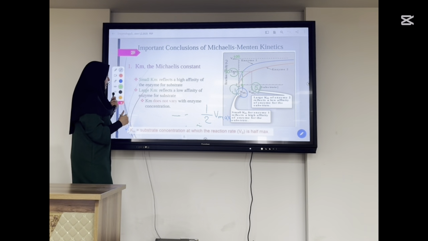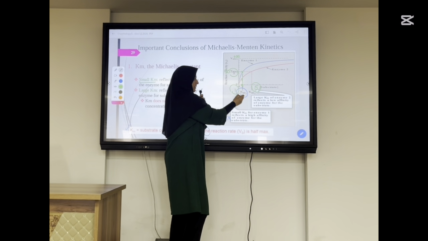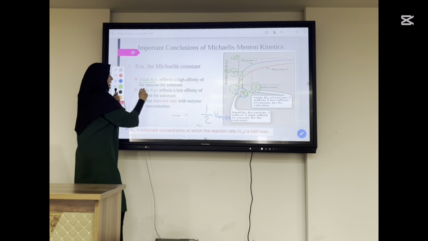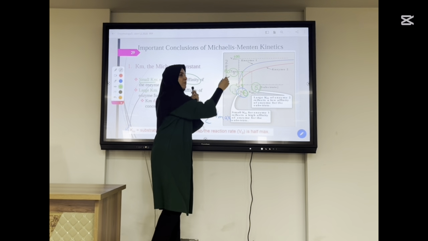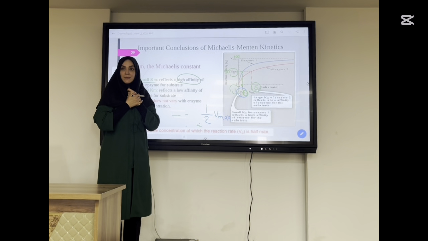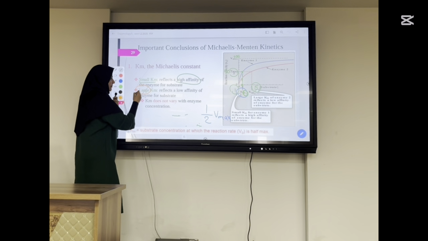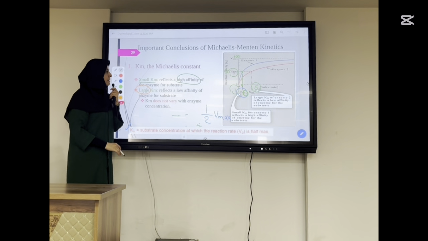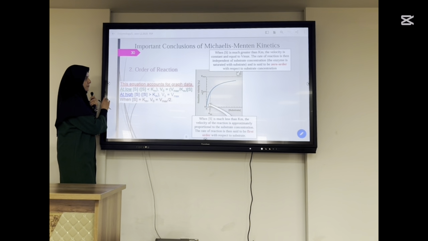When you have a small Km, like here for enzyme number 1, it reflects a high affinity. It means that enzyme 1 loves its substrate. But a larger Km means low affinity, I didn't like it. So Km shows the affinity in the enzymatic reaction.